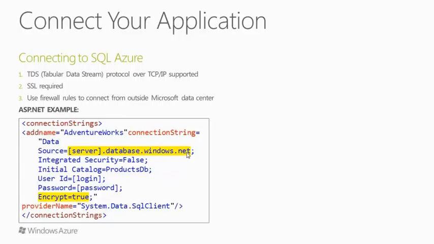You must have that in your connection string to be able to connect, because only secure SSL connections are supported to connect to SQL Azure. So again, use the fully qualified domain name for the server name, and encrypt equals true in your connection string. This will help ensure a secure connection between your application and SQL Azure.